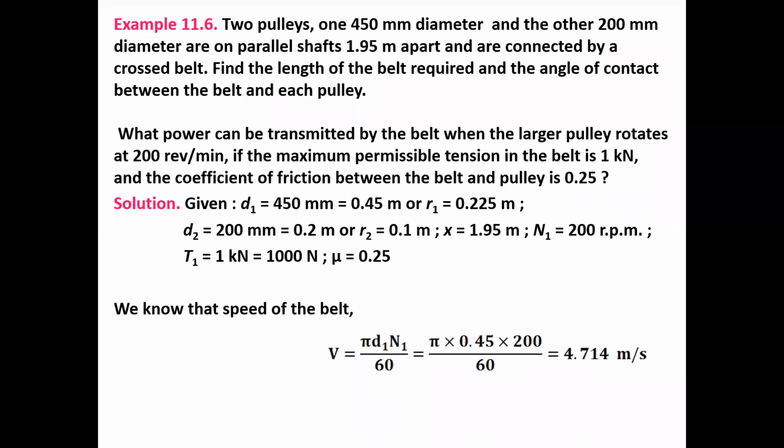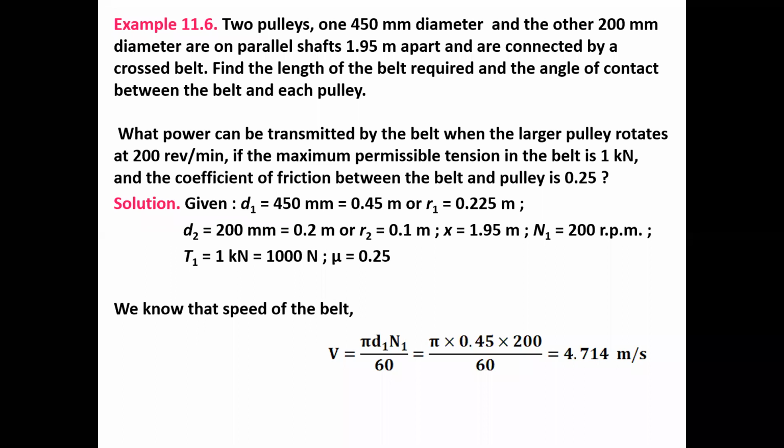Now we will see the problem. Two pulleys, one 450 mm diameter and the other 200 mm diameter, are on parallel shafts 1.95 meters apart and are connected by a crossed belt. What type of belt drive is it? Crossed belt drive.